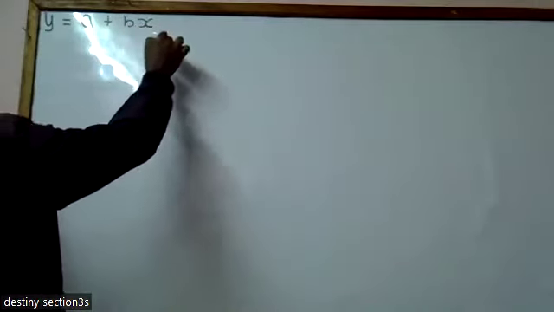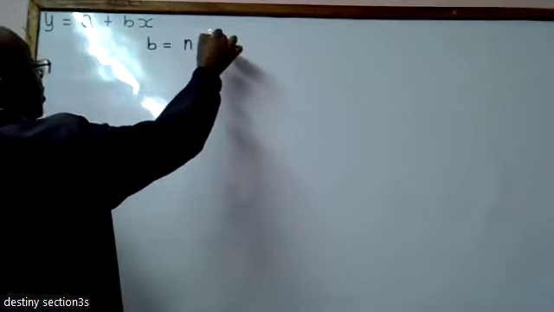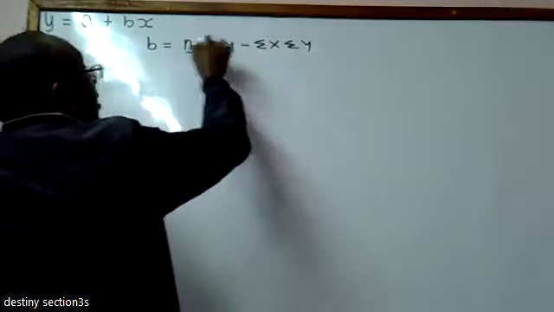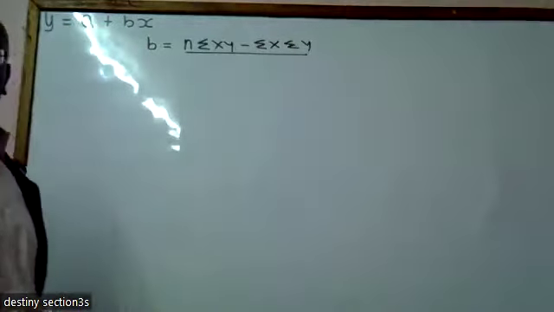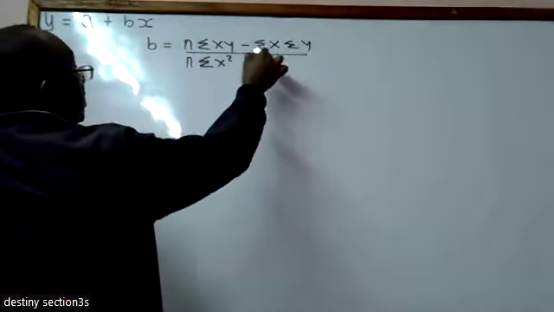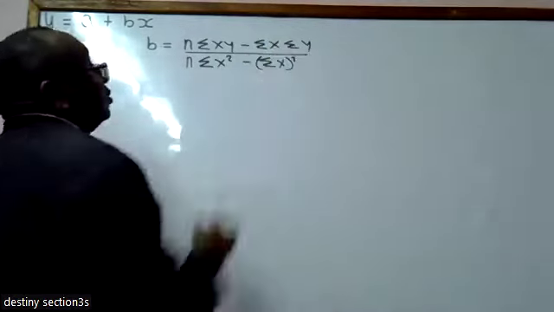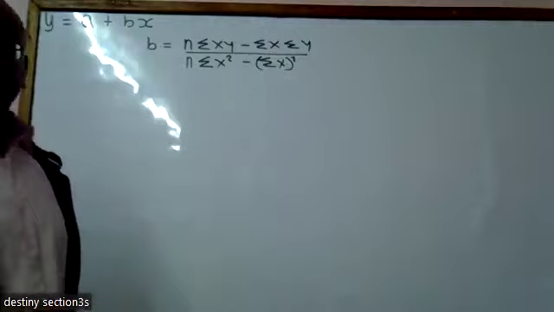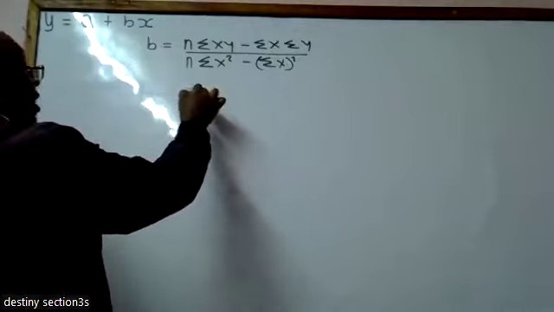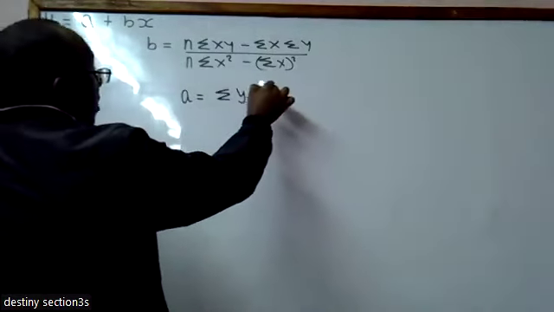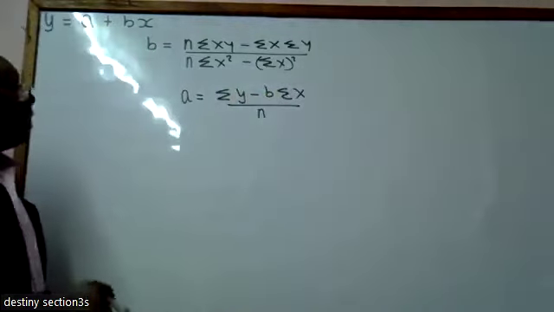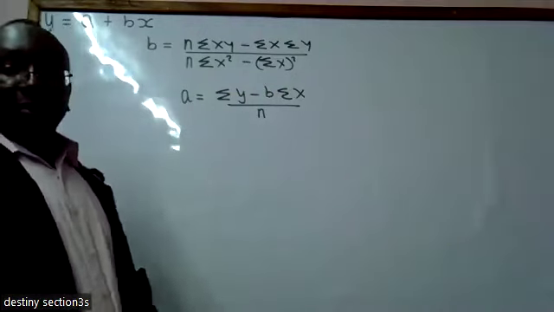Then you tell us b is equal to n sum of xy minus sum of x sum of y, divided by n sum of x squared minus sum of x, squared. That's how you get the value of B. Then the value of A is sum of y minus B sum of x, divided by n.